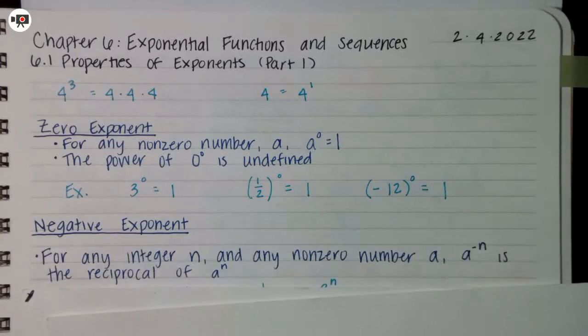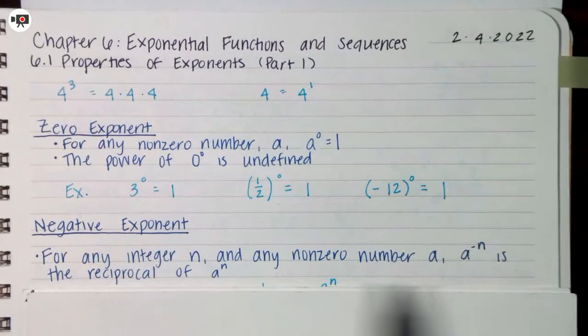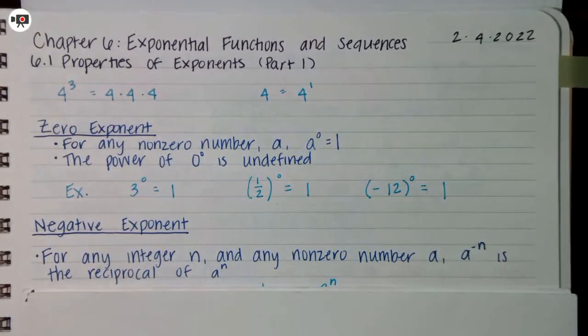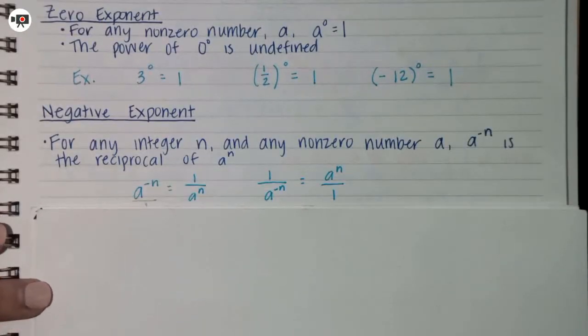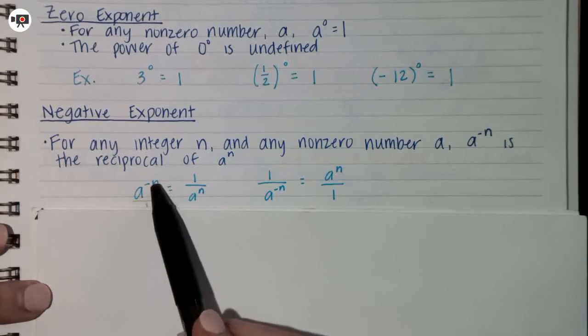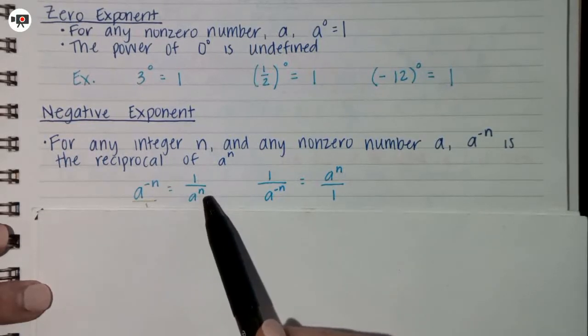For any integer n and any non-zero number a, a to the negative n power is the reciprocal, so that means you flip a fraction, of a to the n. So if I have a to the negative n, that equals 1 over a to the positive n.